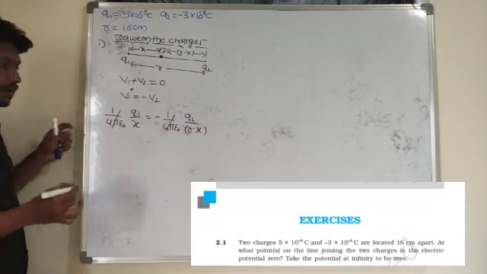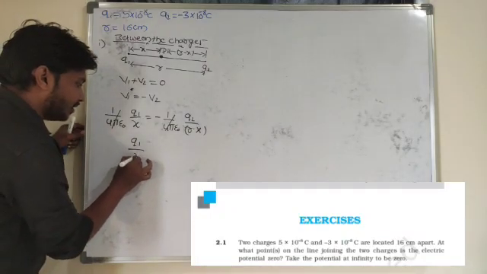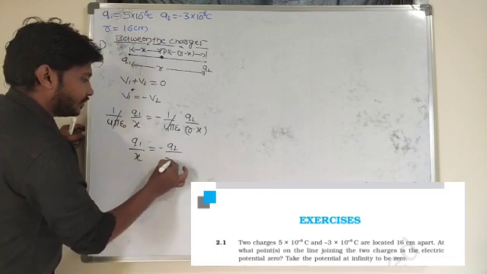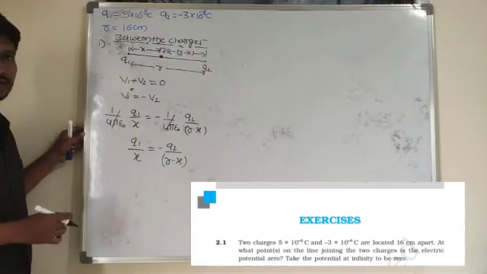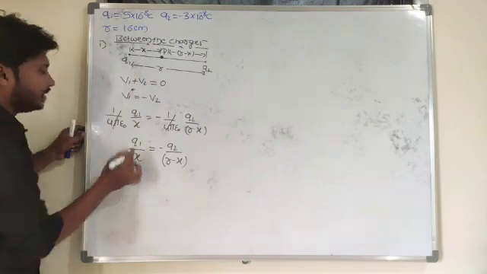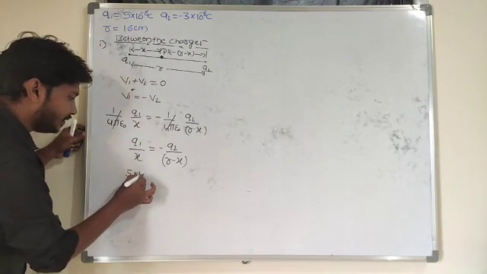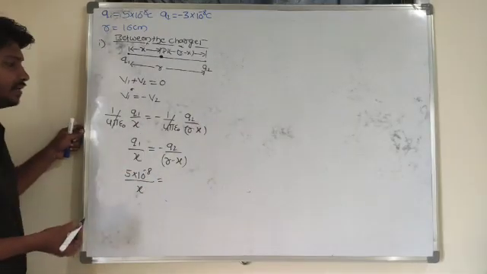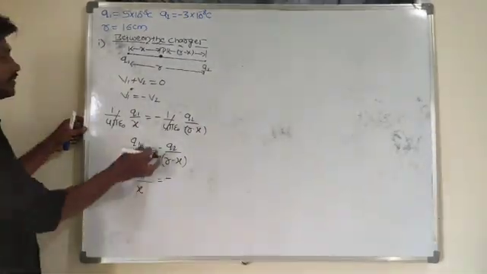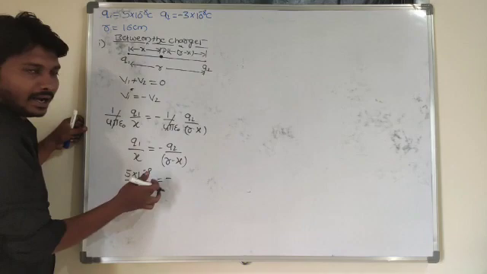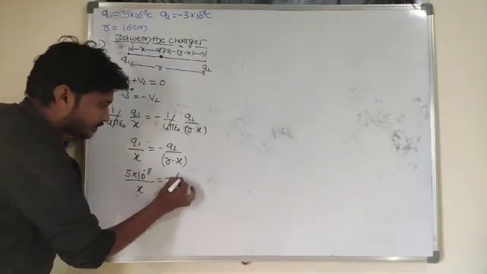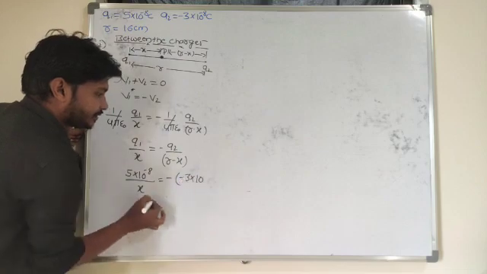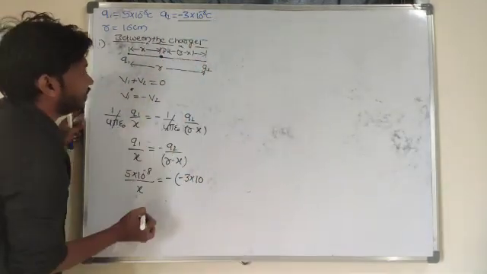The 1 by 4 pi epsilon naught term will get cancelled out. Q1 by x is equal to minus Q2 divided by r minus x. Q1 value is 5 into 10 to the power of minus 8, and x is yet to be determined. Q2 is minus 3, so minus into minus is plus, the magnitude of the charge on the second body.